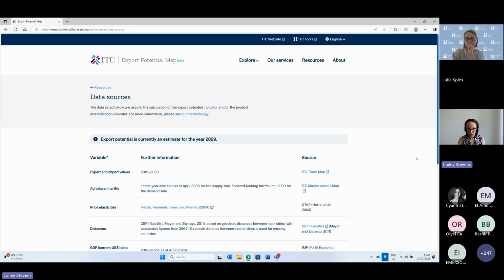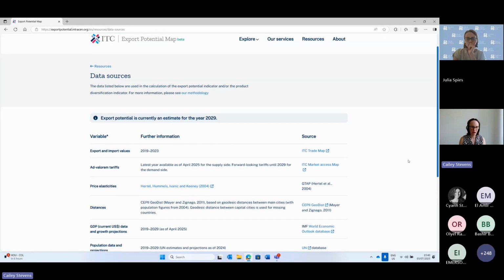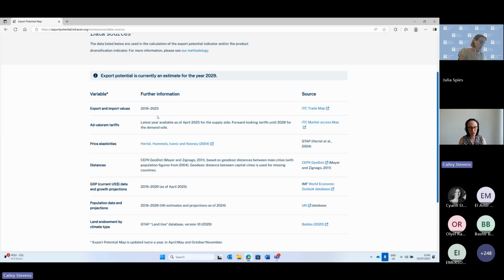On data sources, you're going to find all the information about the data that is currently being used in Export Potential Map. It shows you here that export potential is an estimate for 2029. And it shows you what data we are using. So for historical export and import values, we're using 2019 to 2023 from ITC's Trade Map.